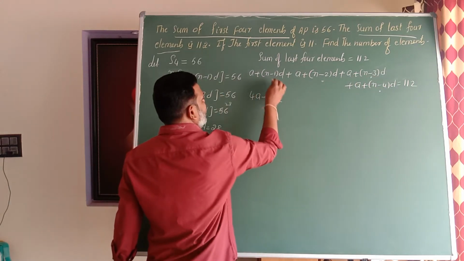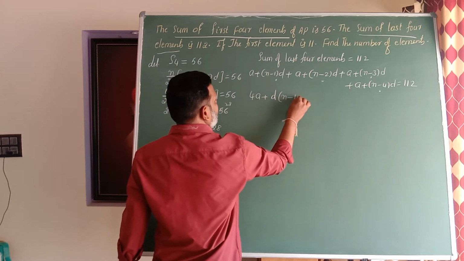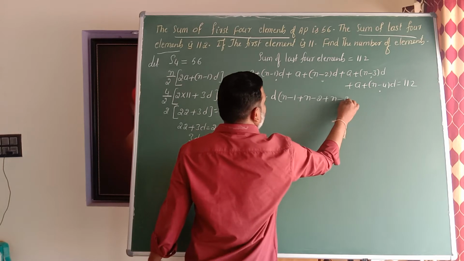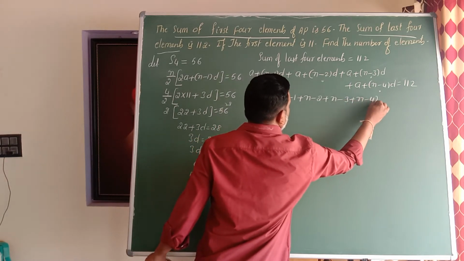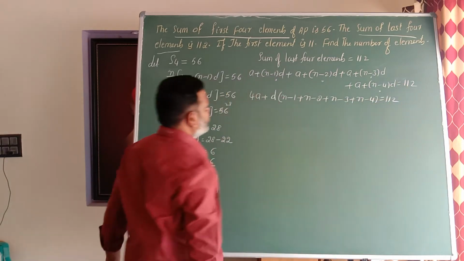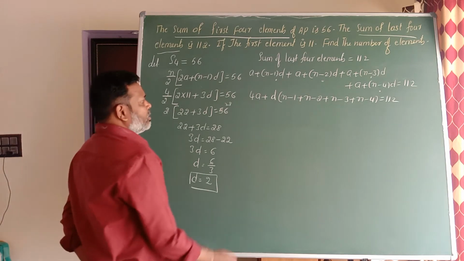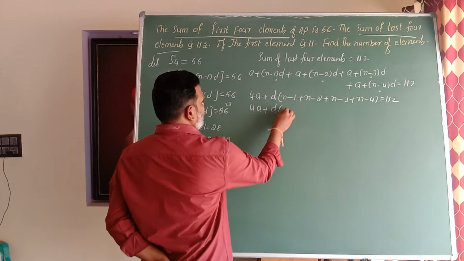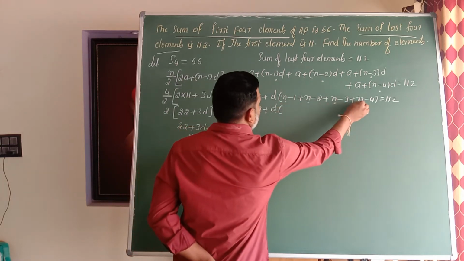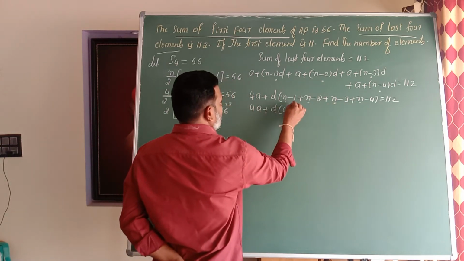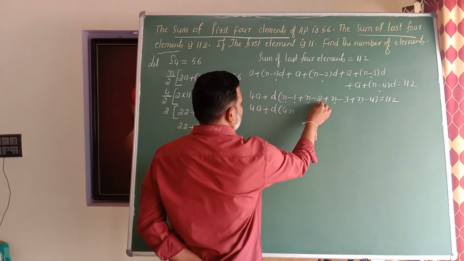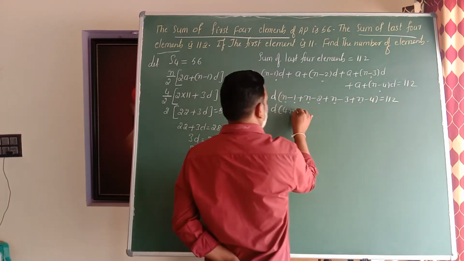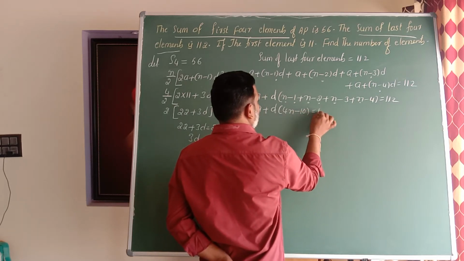When you take d as common, here n minus 1 plus n minus 2 plus n minus 3 plus n minus 4, that is equal to 112. Okay, now simplify this first. 4a plus d into n plus n plus n plus n, that is 4n, minus 1 minus 2 minus 3 minus 4, that is minus 10, equal to 112.